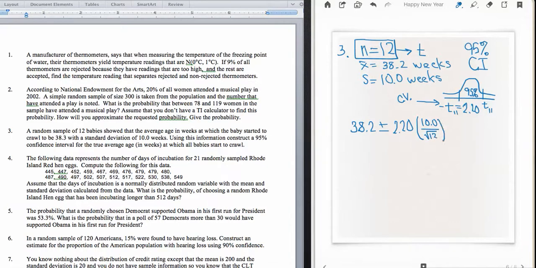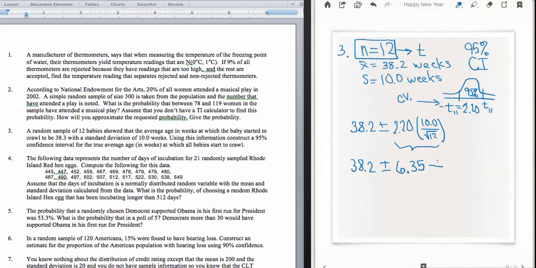So the way I'm going to calculate this is I'm going to calculate this margin of error first. So 38.2, and then plus or minus, and my calculation is going to go 2.2 times 10, and then divided by the square root of 12. What I get here is 6.35, just to keep one more decimal, just so I make myself feel good about this.